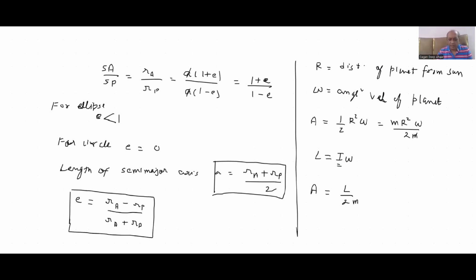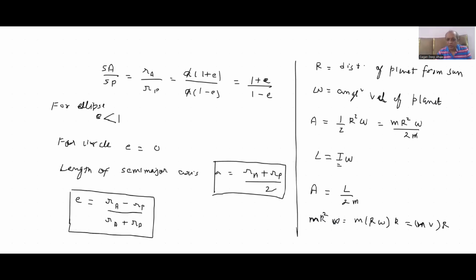Where mr square omega can be written as m into r omega multiplied by r, and r omega is equal to v. So this is equal to mv multiplied by r. mv is the linear momentum multiplied by r, the perpendicular distance.